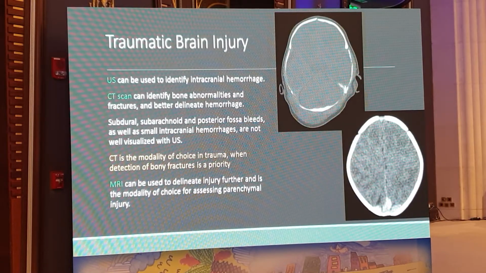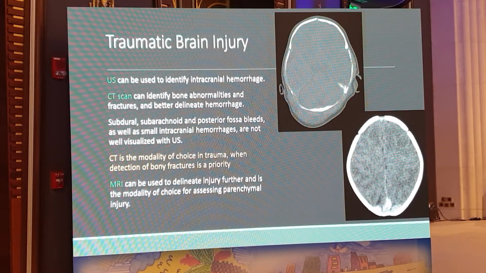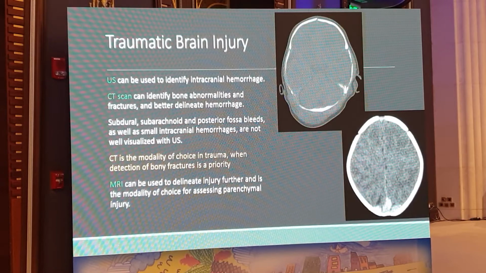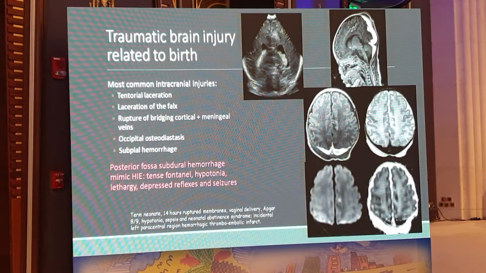Traumatic brain injury can be either related to birth or not. Ultrasound can detect the hemorrhage. However, CT scan is the modality of choice if we want to detect bone fracture, diastasis, and hemorrhage, as well as parenchymal or extraaxial hemorrhage, as in this patient.